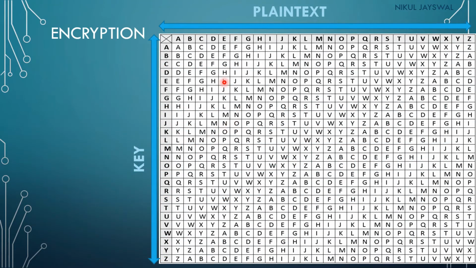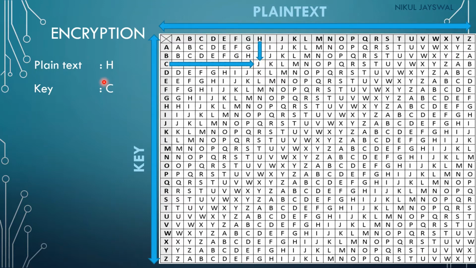So this is our table. The first column will serve as the key and the first row will serve as the plain text. So let's suppose our plain text character is H, our key is C. Now we will first find the key C here and we will find the plain text H here. Clear? So the intersection of C, the key, and the plain text H, that is J, will be our ciphertext.